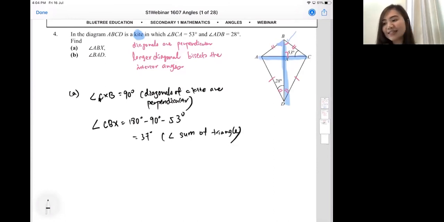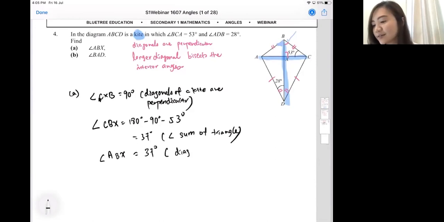So this 37, CBX, is equal to ABX. This is also equal to 37. But how do we know that? Because the longer diagonal bisects the interior angle. BD bisects angle ABC.